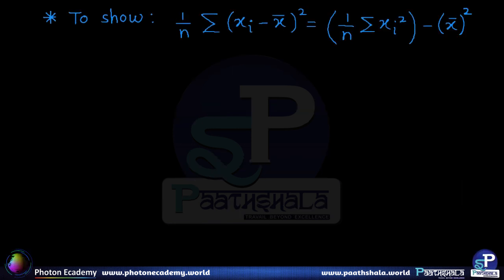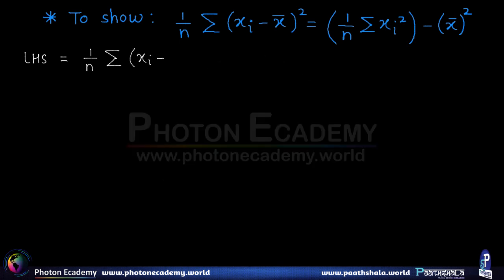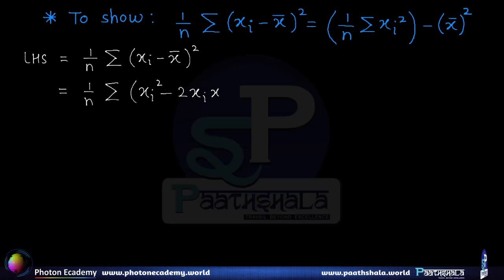So let us start off from the LHS. LHS is 1 upon n summation of (xi minus x bar) the whole square. Let's prove it for raw data; the same way we can prove it for discrete and continuous. Now here we open the square inside the summation. On opening the square, by (a minus b) the whole square, we have this particular expansion, correct?